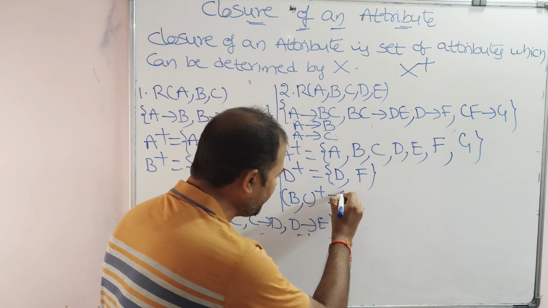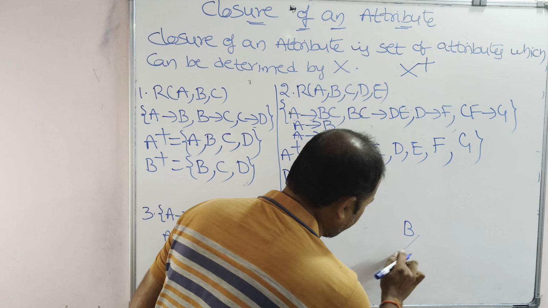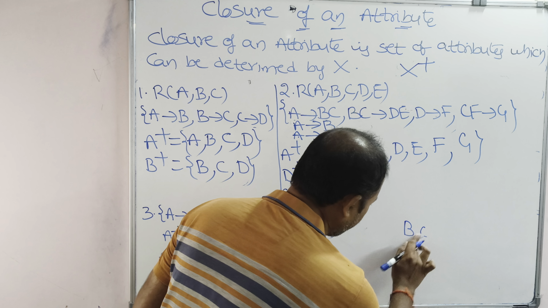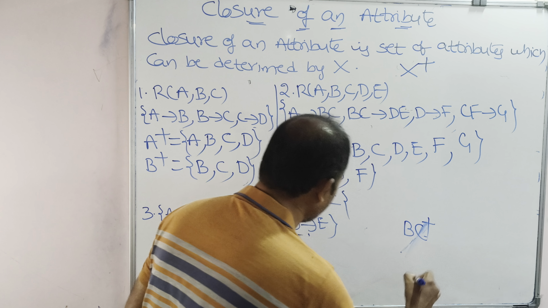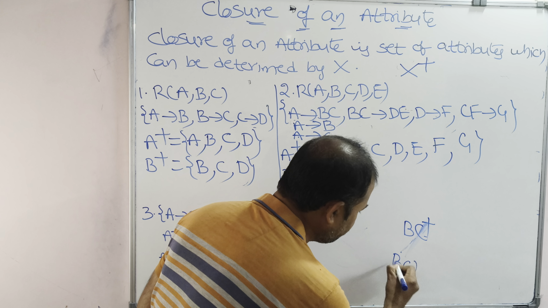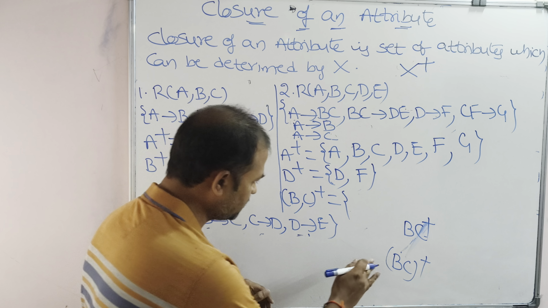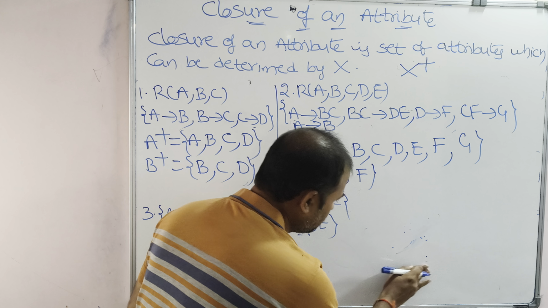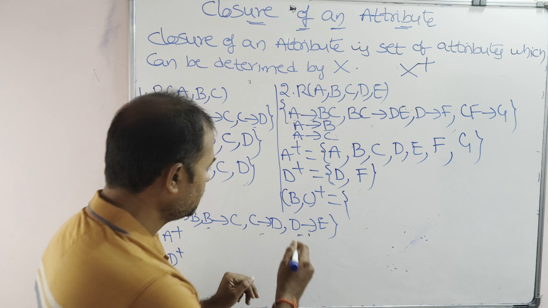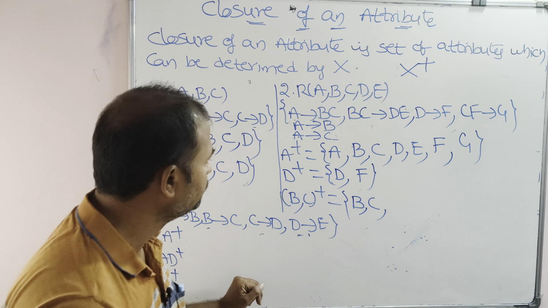Now let us find BC plus. We can write this like this also. B comma C plus or BC plus. Both are the same. We can use parenthesis or not, it is our choice. Both have the same meaning. The closure of B and C. So the closure of BC is B and C itself.